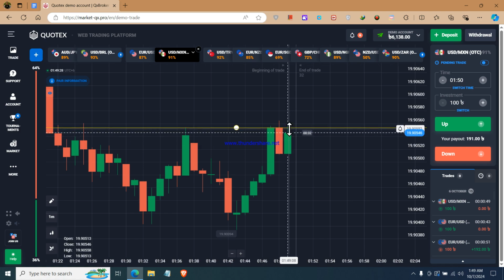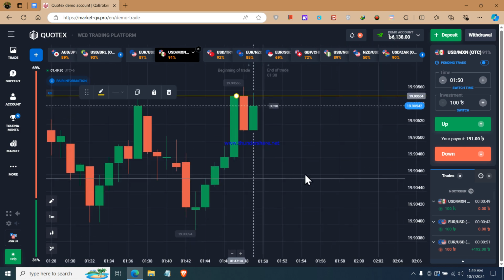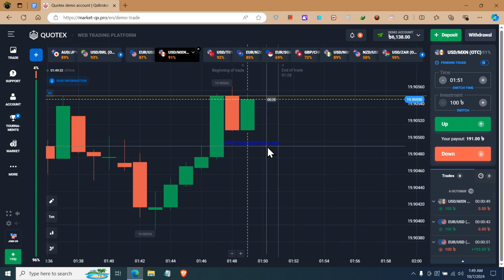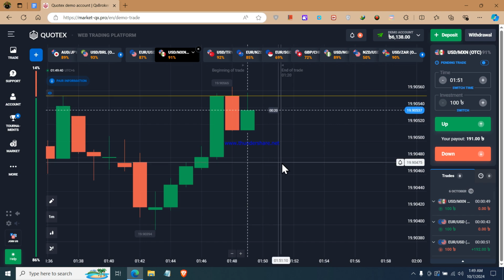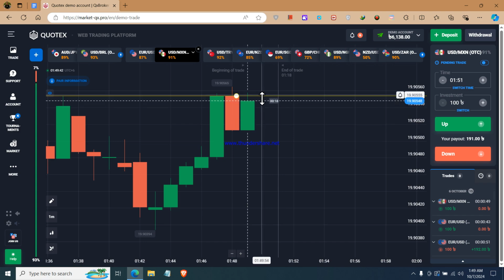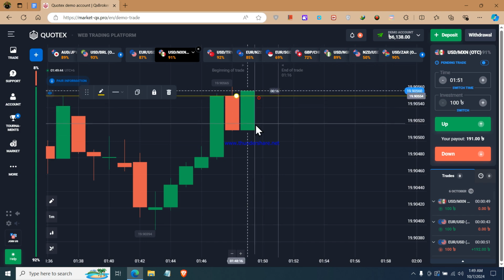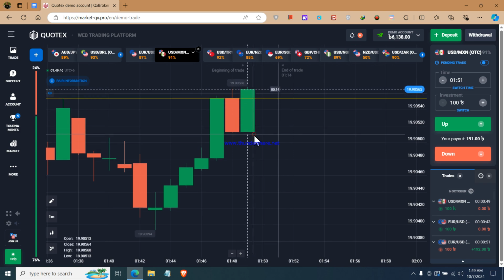Let's see if the buyers can break this point in this candle. We can see the seller's entry from this neckline, and buyers are breaking this point.